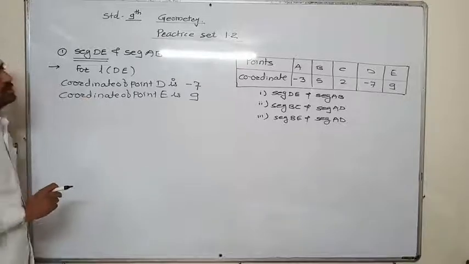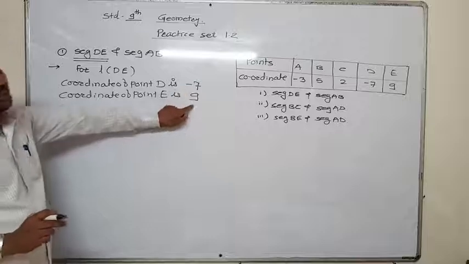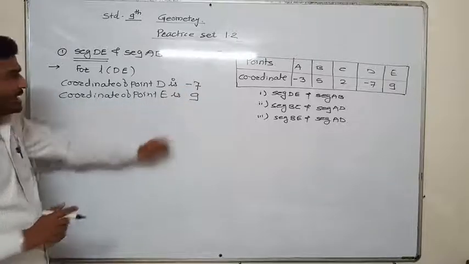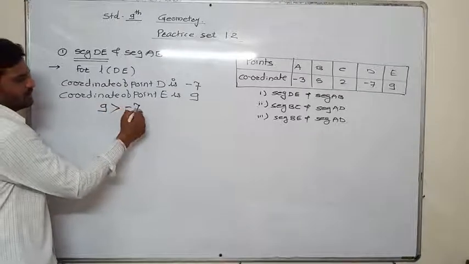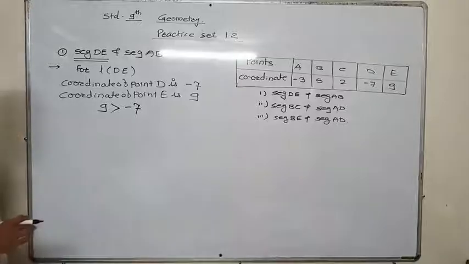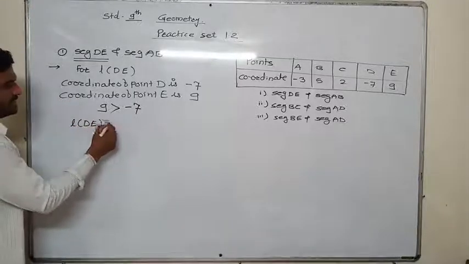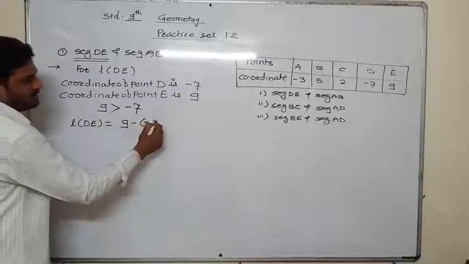Here we subtract the smallest coordinate from the largest coordinate. Which is the largest coordinate here? 9 is the largest coordinate, 9 is greater than -7. So length DE is equal to 9 minus (-7).